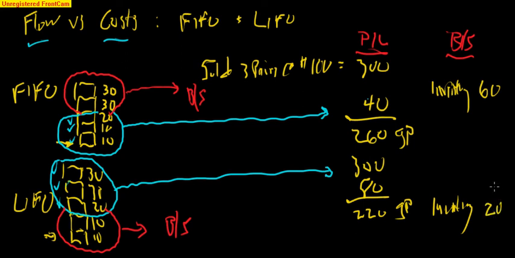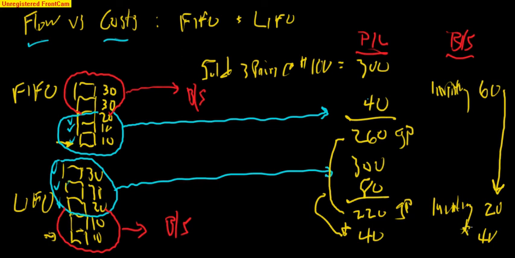Interesting, isn't it? Here we have our gross profit of 260 versus a gross profit of 220. What's the gap between that number and that number? It's a $40 difference, right? What's the gap between this number and this number? Wait a minute. $40 difference. Same number. This is what I meant in the last video when I said it's two sides of the same coin.